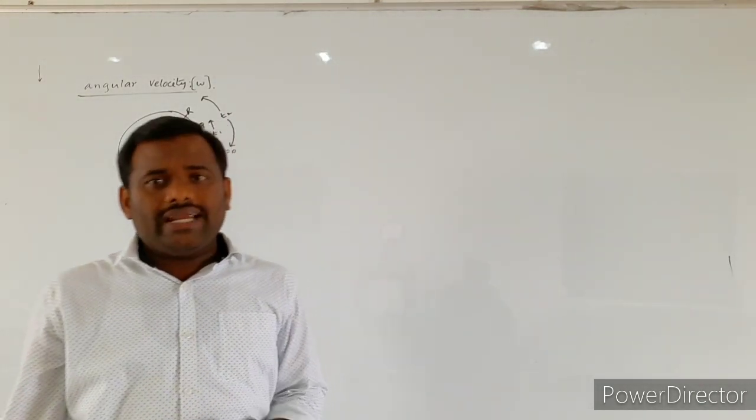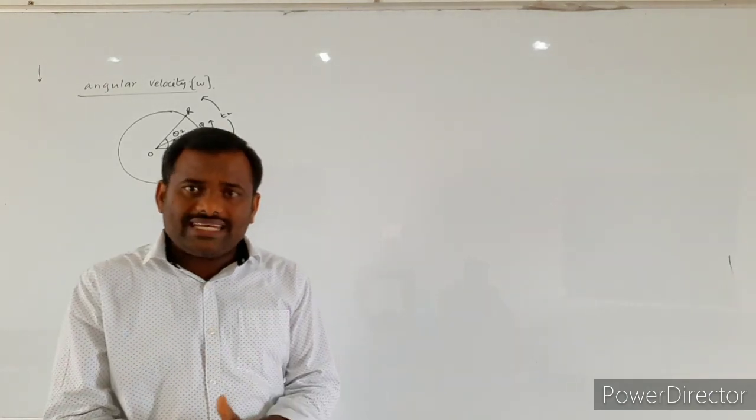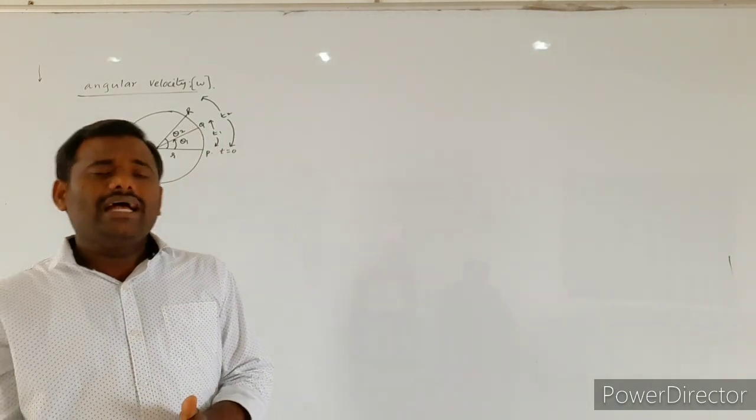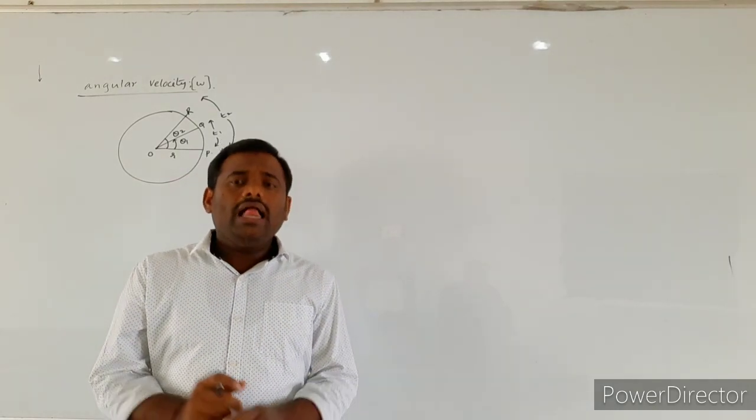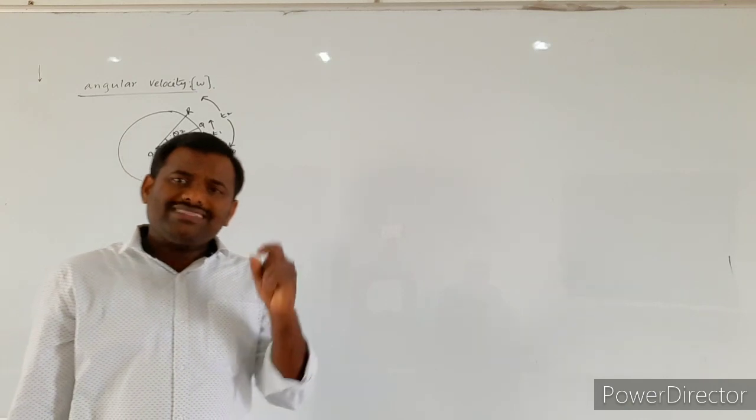Theta 1 is the angular displacement covered by the radius vector in t1 seconds, and theta 2 is the angular displacement in t2 seconds.